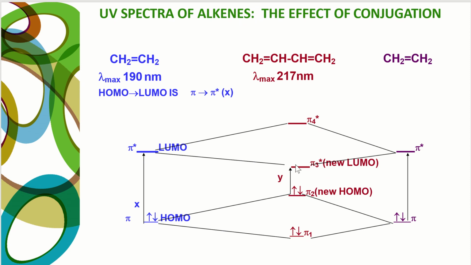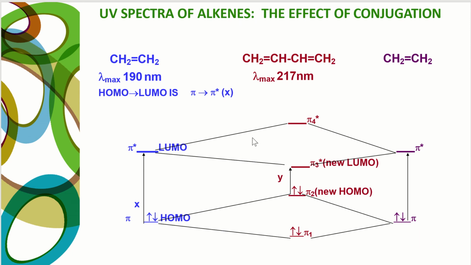And as a result of that, the lambda max here is 270 nanometers versus the 190 nanometers in the simple alkene, or unconjugated alkene, I should say, right? And then for the similar alkene, we can see here that the HOMO to LUMO transition here would be similar to over here being the same molecule, right?